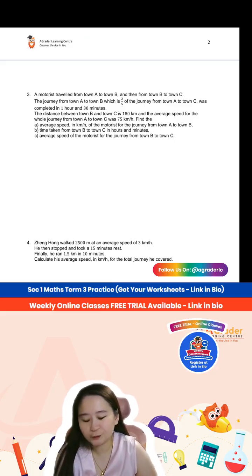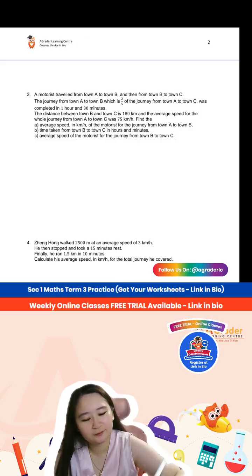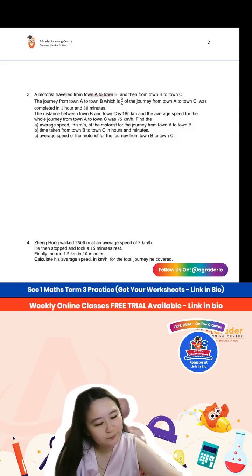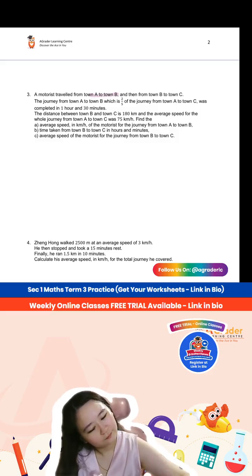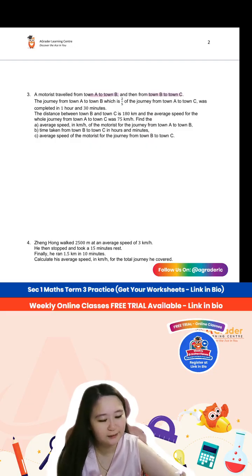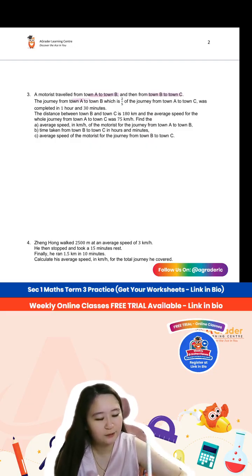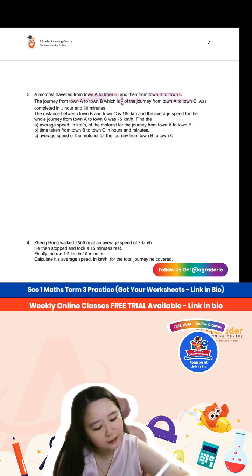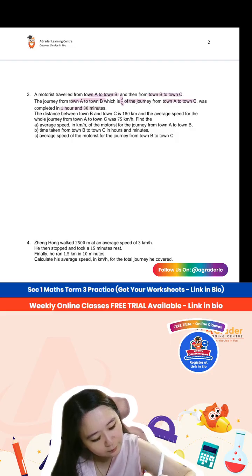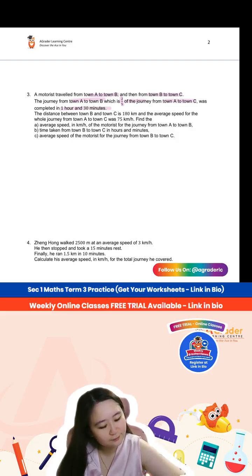Okay, question 3. A motorist traveled from town A to town B and then from town B to town C. The journey from town A to town B, which was 2/5 of the journey from town A to town C, was completed in 1 hour 30 minutes.